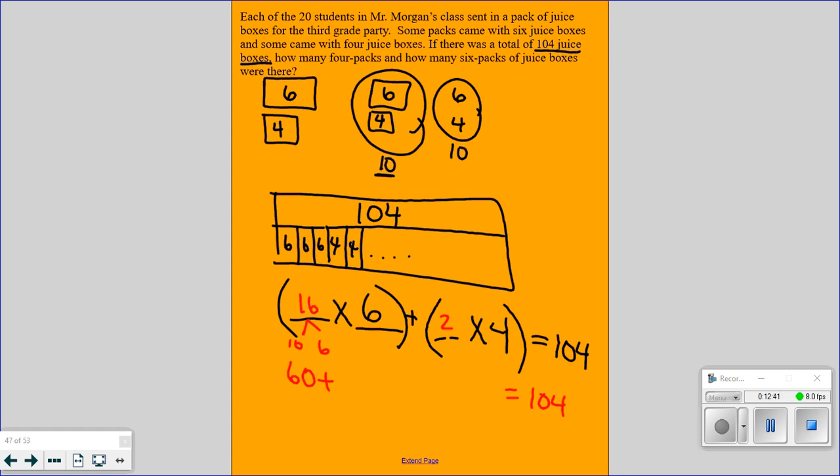Add another 6. Jaden? 36. 60 plus 36. Oh, you can add that. Add your 1s. Add your 10s.